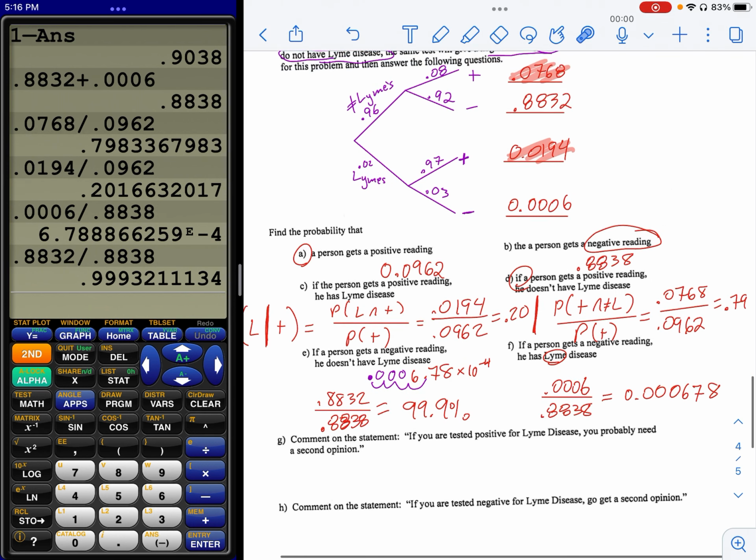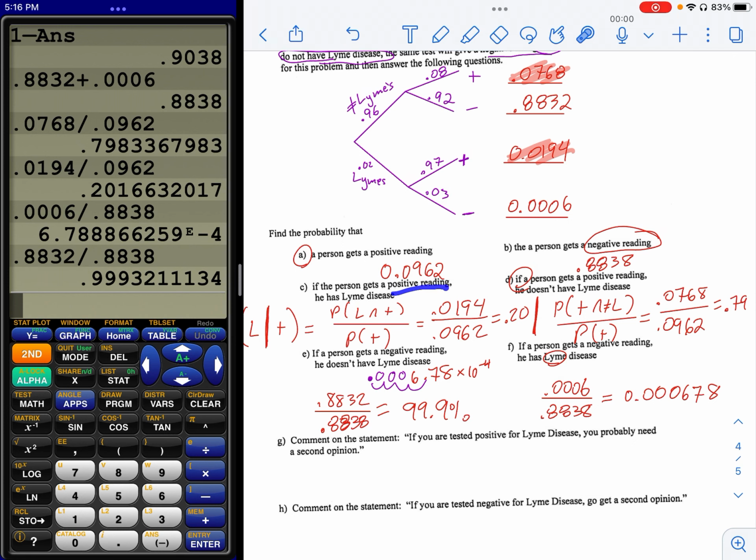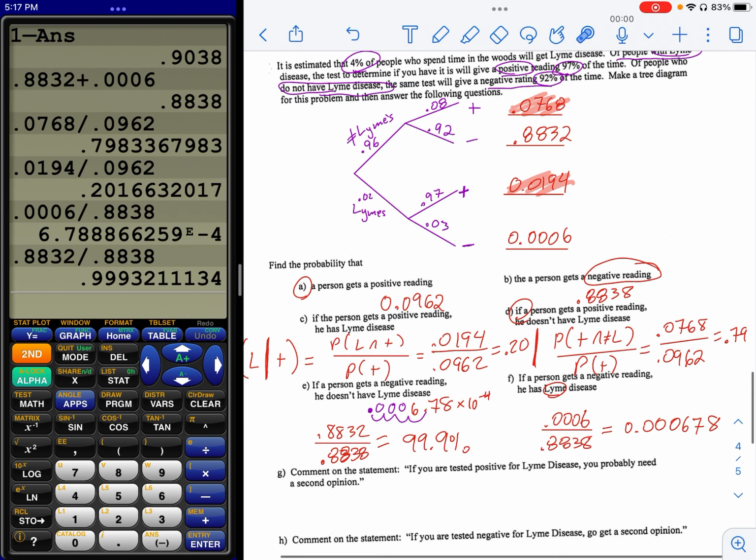So, did I do this right? A positive reading is my condition, and that would be this plus this, which is 0.0962. That's good. And then my numerator would be the probability of Lyme's and a positive test. Yeah, okay. So, this is going to help me better.